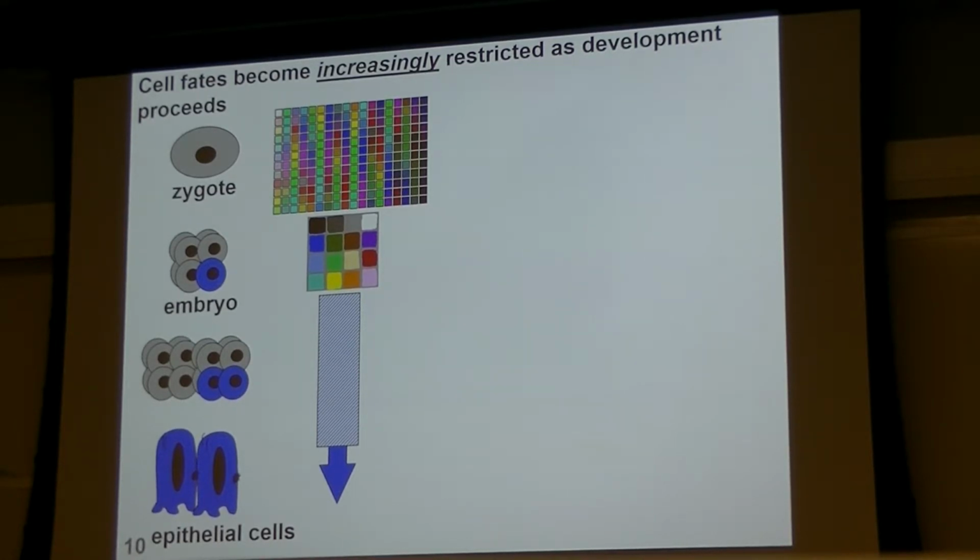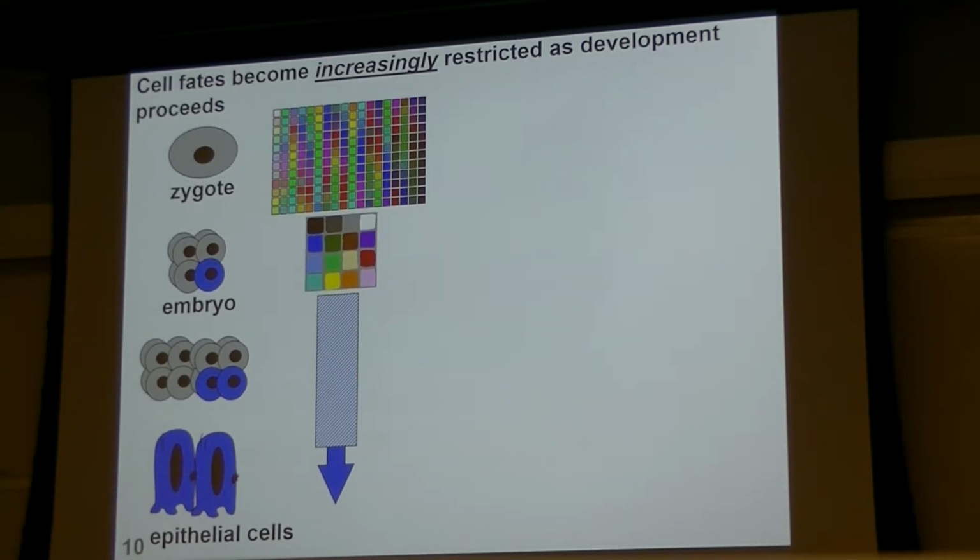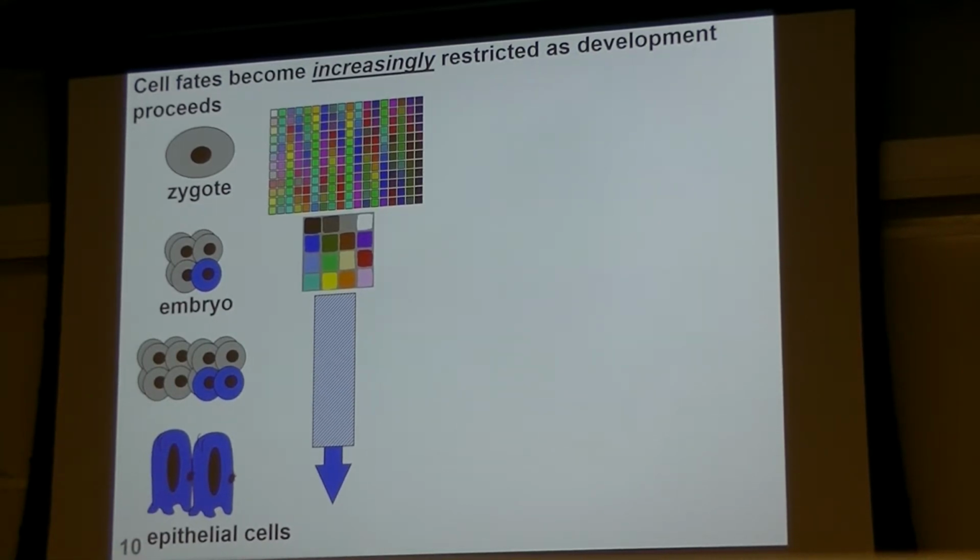All of our cells can track back their lineage to the zygote in some way. So I've represented here the full range of cell fates by colored boxes of every possible color, representing every possible cell fate for that cell. It has a potential to give rise to every type of daughter cell that there is in the organism.